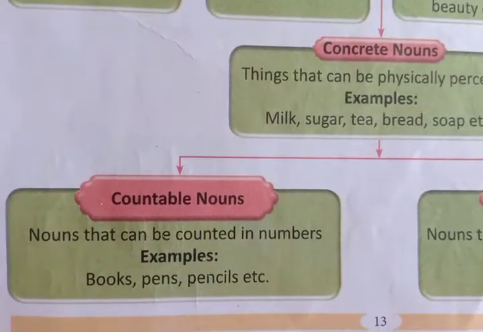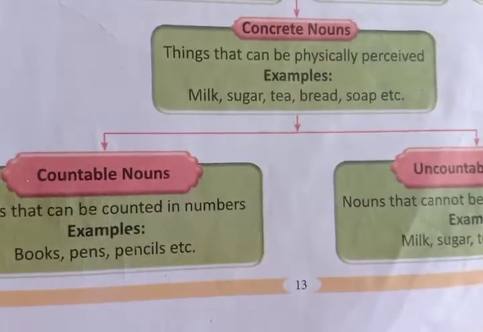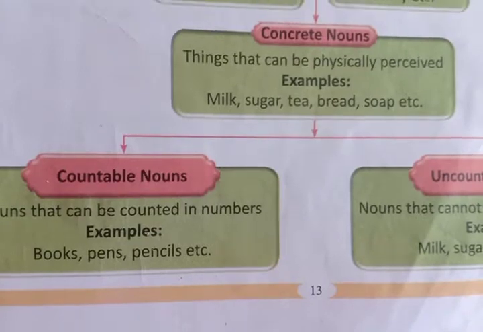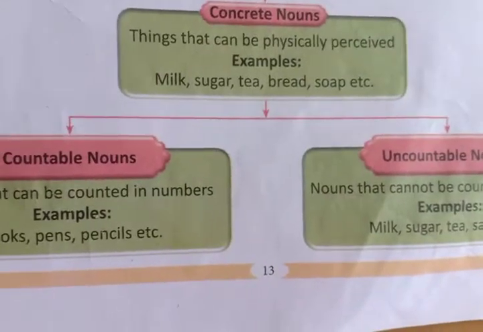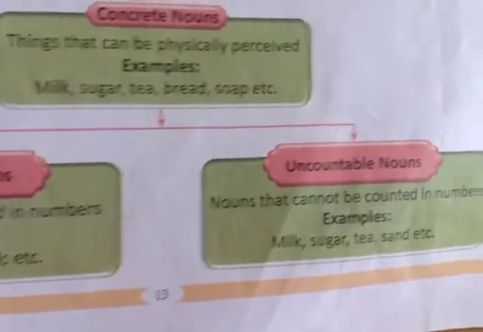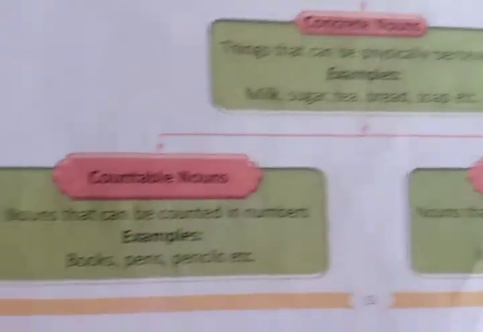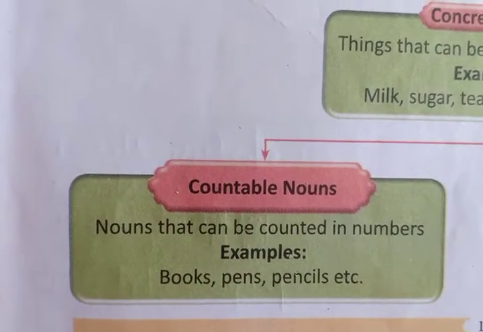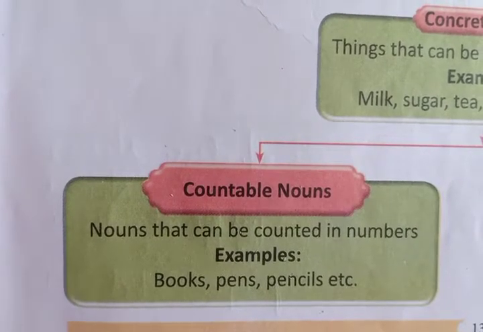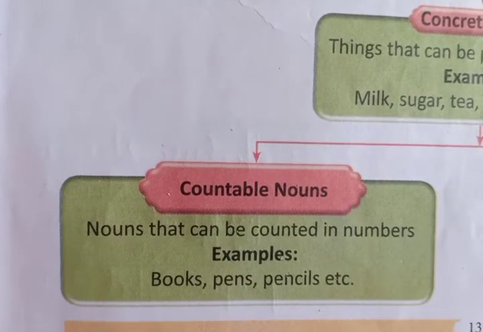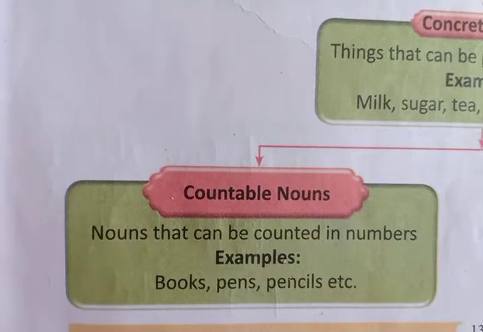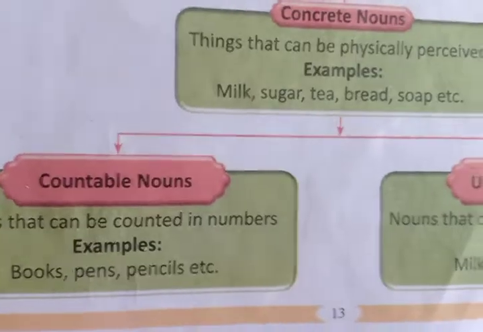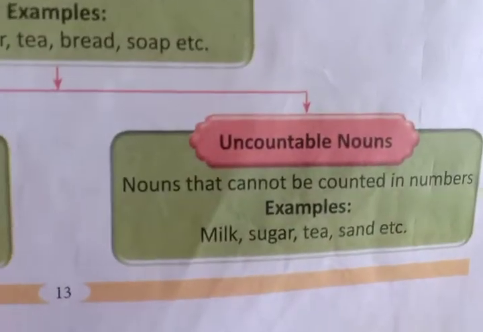So concrete nouns have been further divided into two parts, that is countable nouns and uncountable nouns. So what is countable? Countable means which can be counted. Nouns that can be counted in numbers are known as countable nouns. For example, books, pens, pencils, etc. These all can be counted.